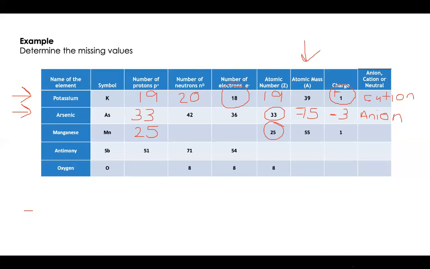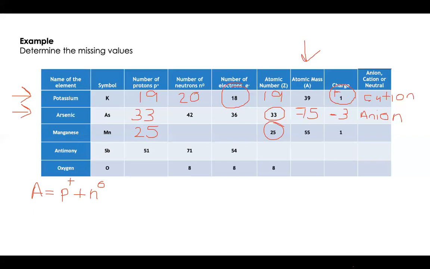So we have atomic mass is equal to protons plus neutrons. Sorry, this proton should be with the positive sign here, okay?